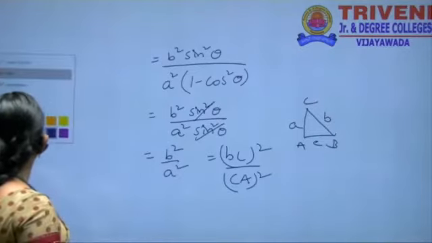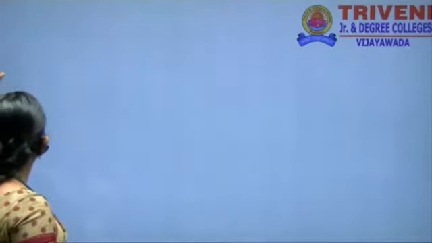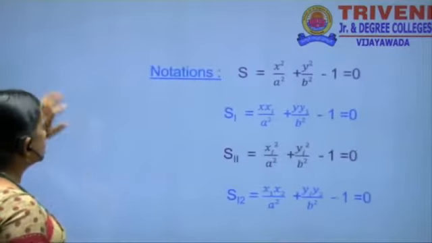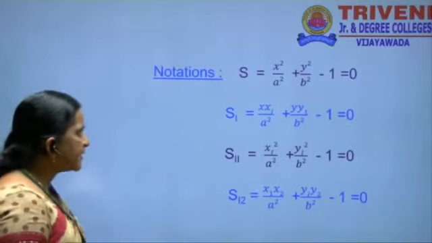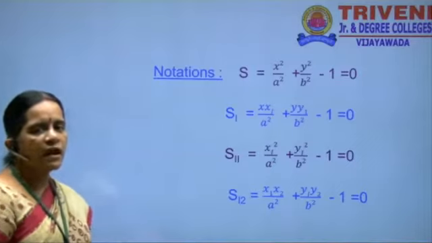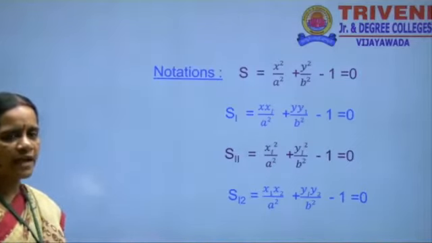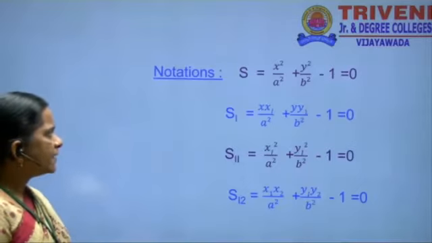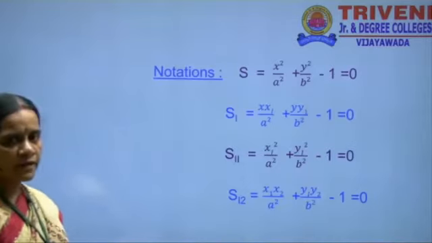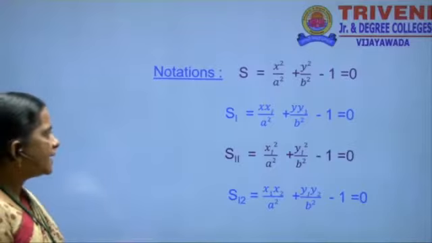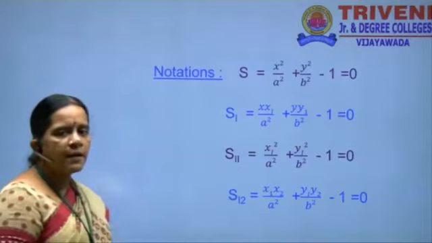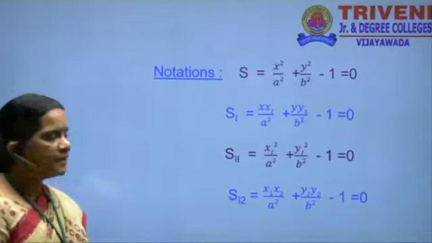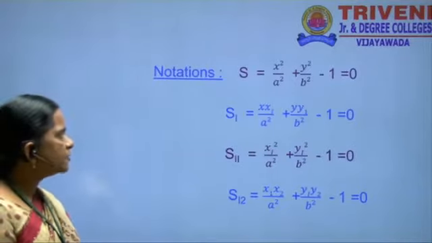Okay, and then we are going to the next problem. Some notations are there. What are the notations? The standard form of the ellipse is x squared by a squared plus y squared by b squared minus 1 equals 0, and S1 can be written as x1 x by a squared plus y1 y by b squared minus 1 equals 0.